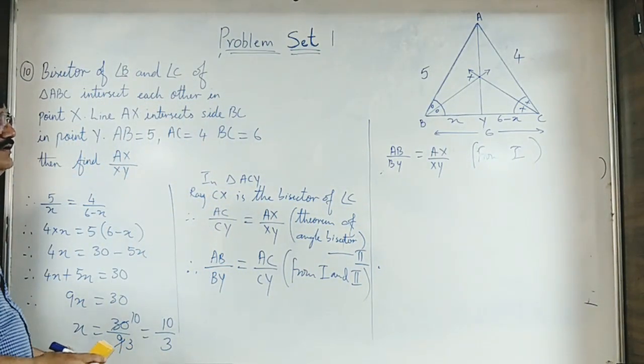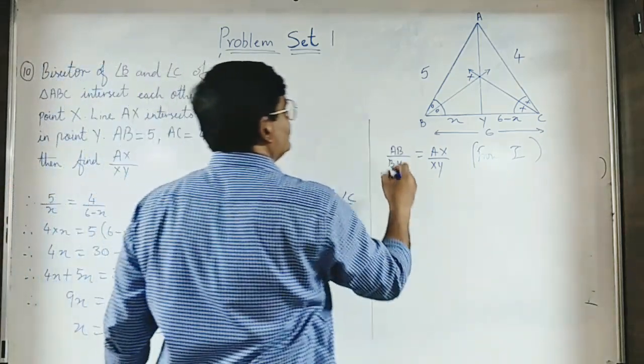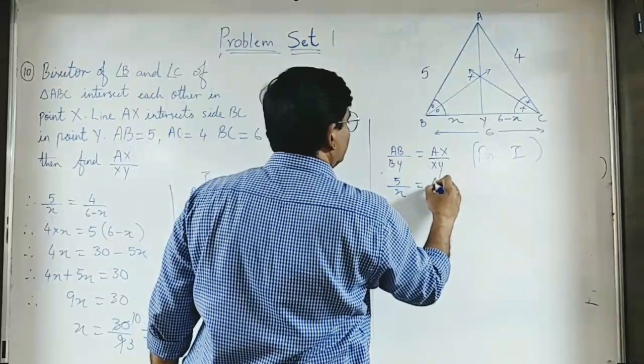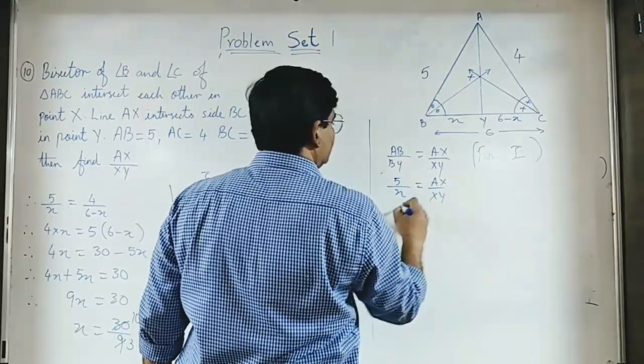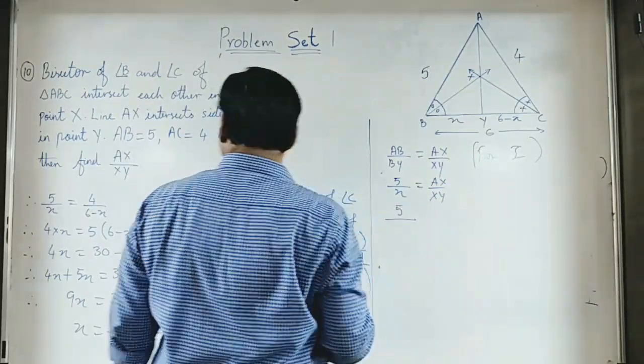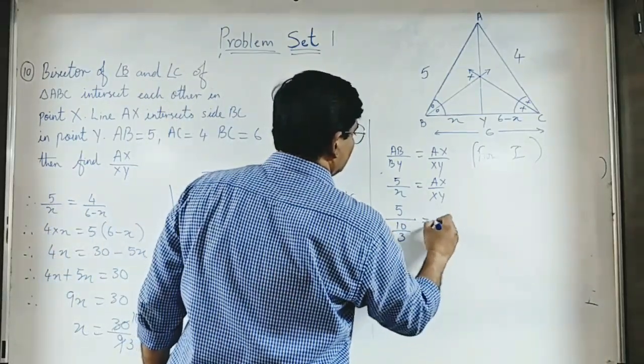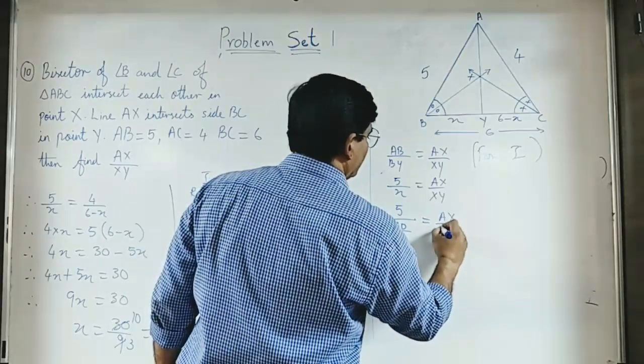The value of AB is 5, upon BY, whose value is x, that is 10 upon 3, is equal to AX upon XY. So 5 upon 10 upon 3 is equal to AX upon XY.